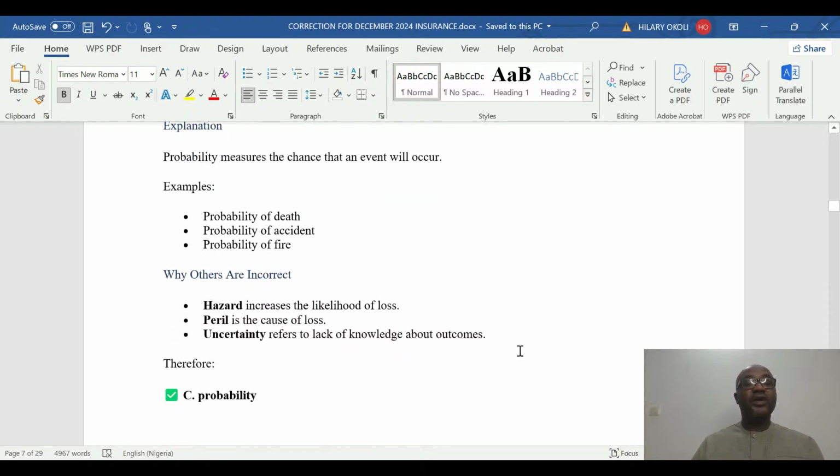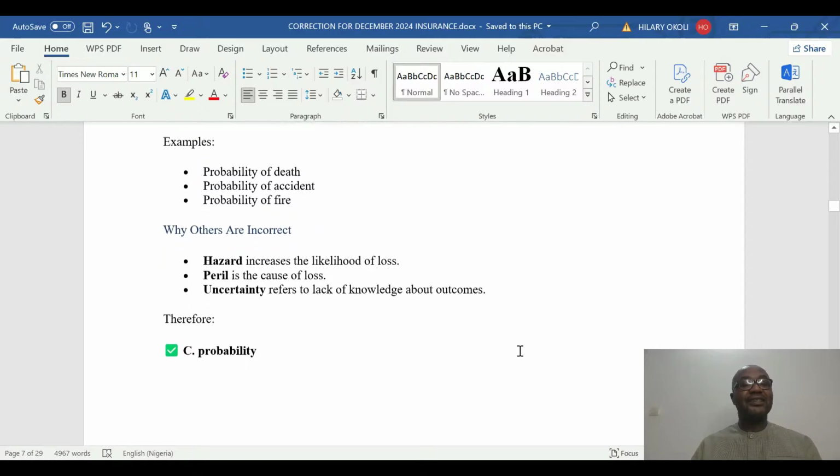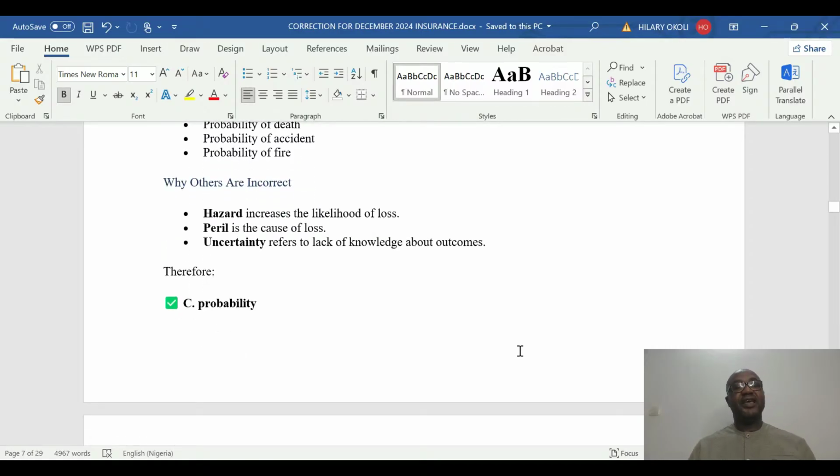But then why are the others incorrect? Hazard simply means something that increases the likelihood of a loss. For example, in your office, the cleaner is supposed to be in by 6:30 and clean up before staff resume by 8, as the case may be.